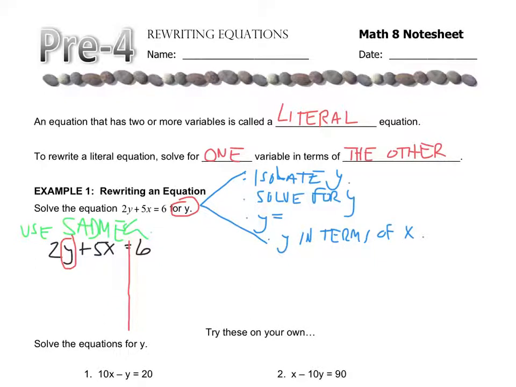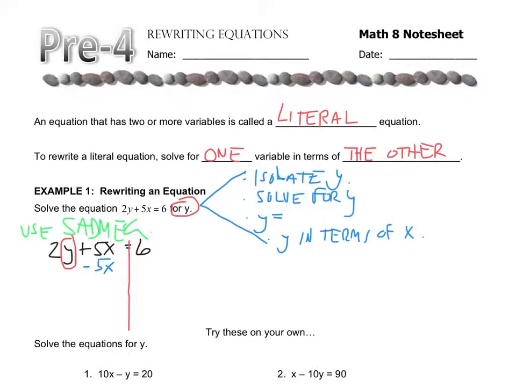We first have to look at what we need to move. Well, we have a multiplication of 2 times y. We also have the plus 5x. So what we're going to first do in SAD-MEG is move the 5x. To move plus 5x, we subtract 5x.